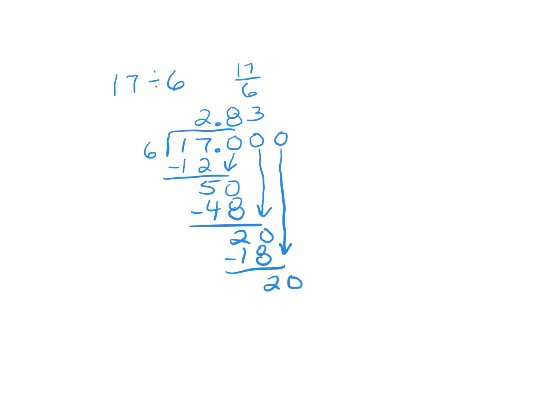And now you can see that that 3, once again, is going to be repeating. So my final answer to this would be 2.83. And once again, I am just going to put a line over the 3 because that is the only number that is repeating.